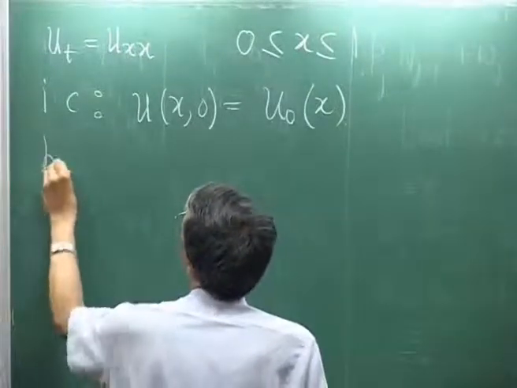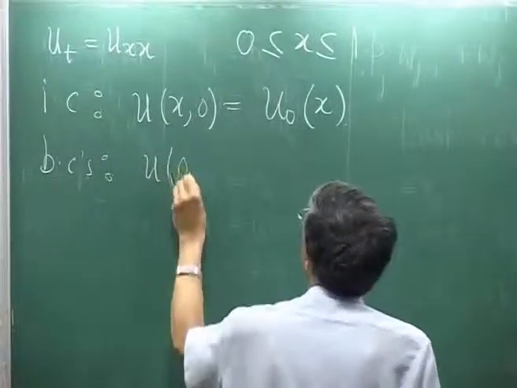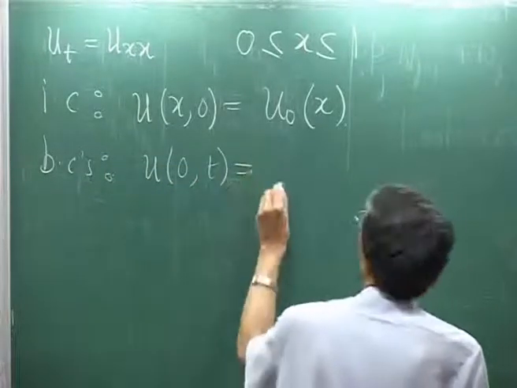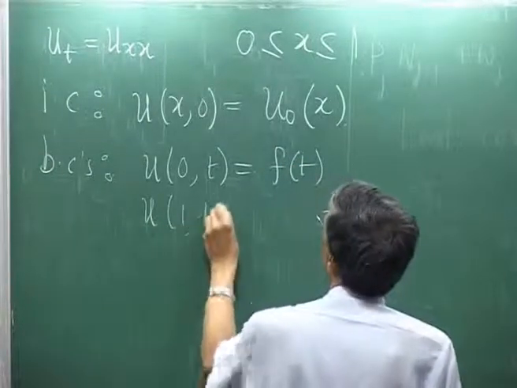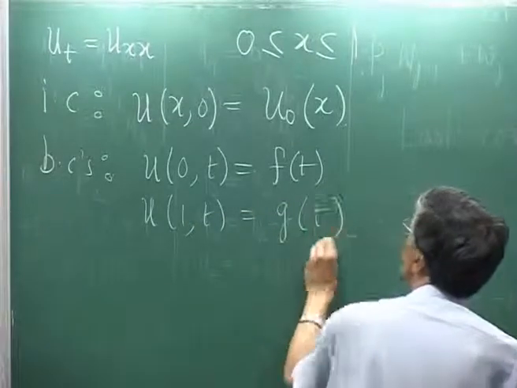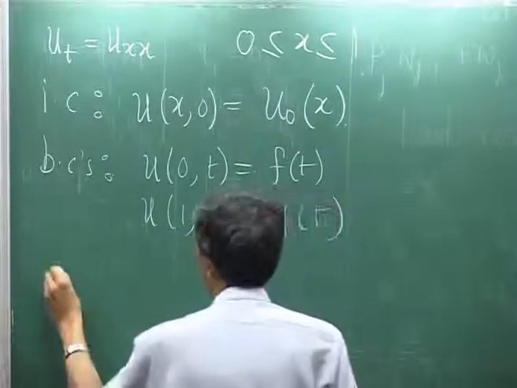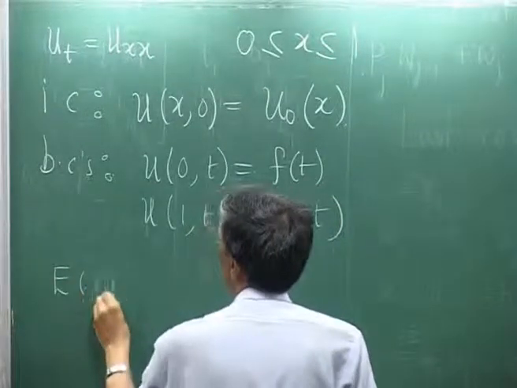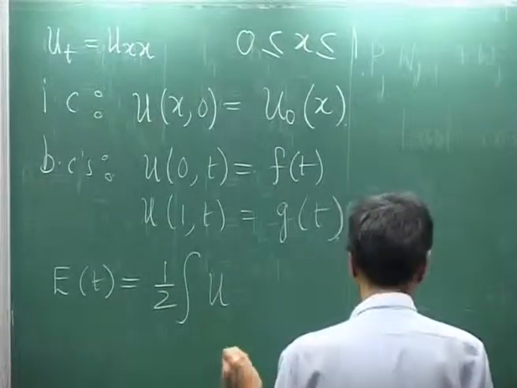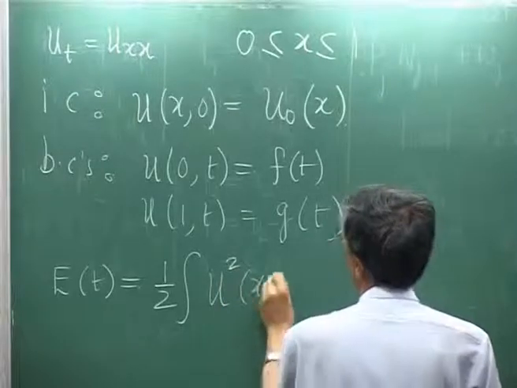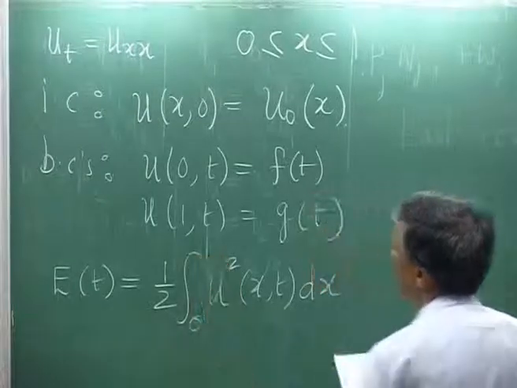And the boundary conditions could be like u0 of t, let me call that f of t, and u1 of t, let me call this g of t. If you recall, in the previous part we defined an energy functional which I called E of t, which we defined as u squared of the solution integrated over the whole domain, 0 to 1.